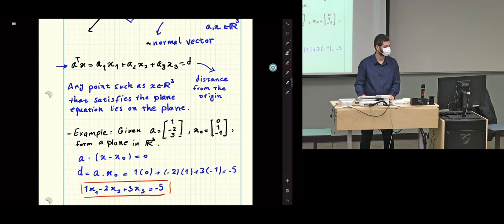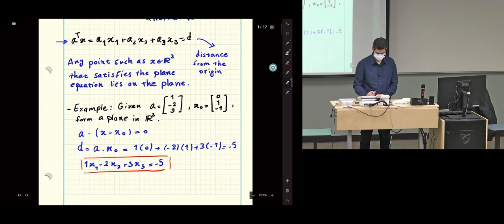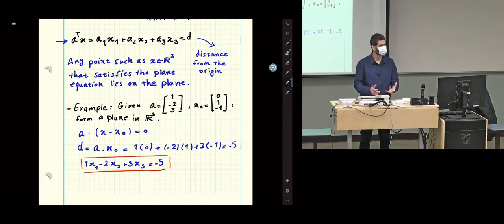See if you can figure out how to draw it in 3D. Roughly, draw a coordinate system in 3D. And a hint is that if you can come up with 3 points that satisfy this equation, that will help you to know where to draw the plane.